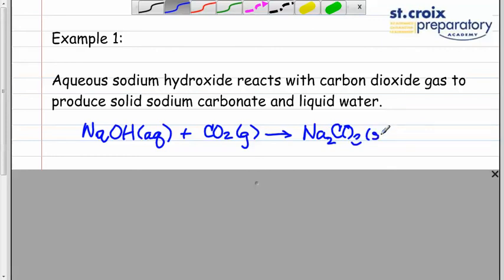That we're told is a solid, and our other product is liquid water. Now let's go back and balance the equation overall.